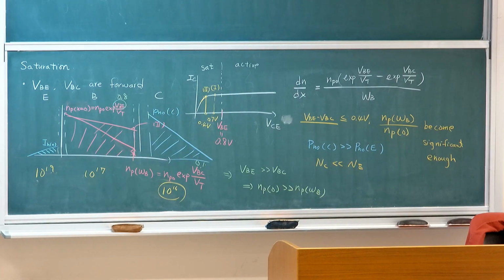So it's very costly. What happened is that the most significant thing, other than the drop in collector current, is the raise of base current.